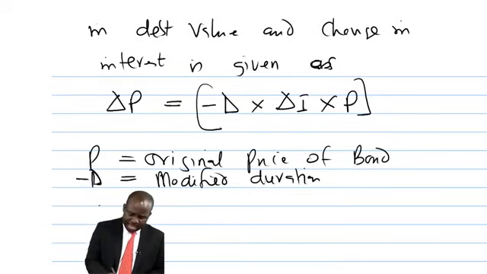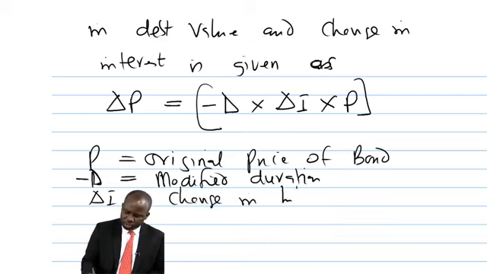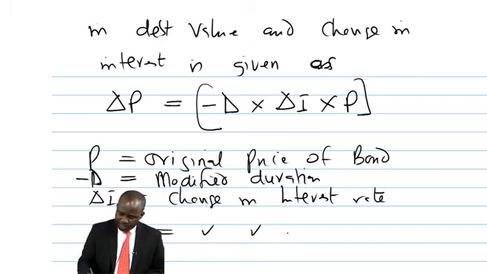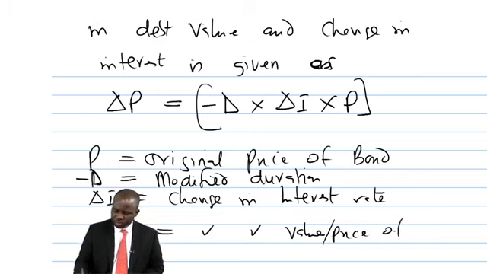And then change in I is simply change in interest rate, and change in P obviously is change in price or value of the bond.